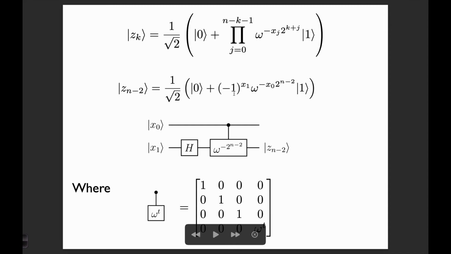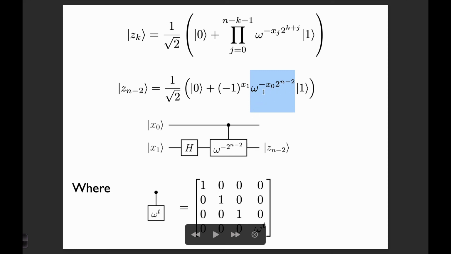If you just ignore this term for a second, it's exactly what we had in the last case: 0 plus minus 1 to the x1 times 1. So we know how to do that; we can just do a Hadamard on x1. But in reality we can't ignore this term. We need to multiply the phase of the one state by this term as well.